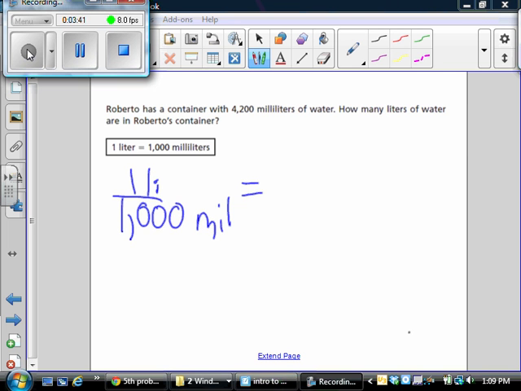So the next part is since the water has a container with 4,200 milliliters, what we have to do is make that be the denominator of this fraction container.